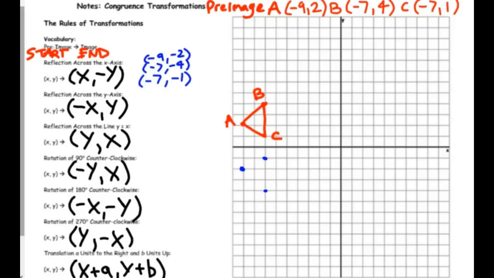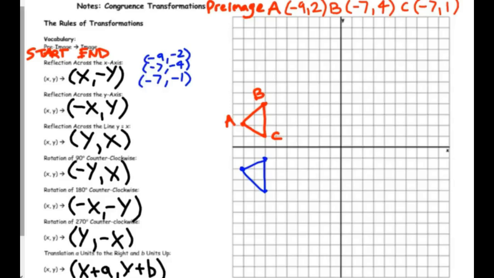So those 3 points should look reflected across this x-axis. Okay? So, we have our pre-image, we have our new blue image that we got from reflecting across the x-axis. All we did was change the y sign.